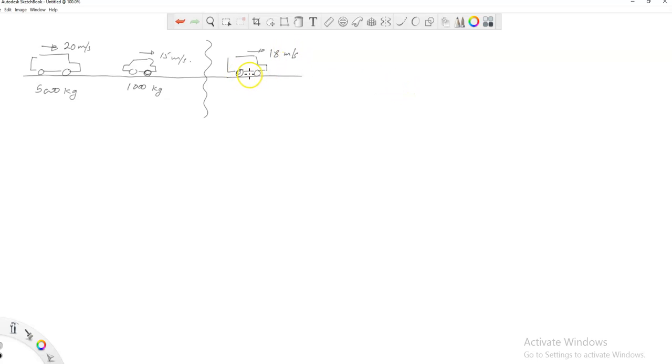It slows down because of the collision. The car might gain speed. Now the truck lost 2 meters per second. Do you think the car is going to become 17, that it will add up the 2? We don't know. We're going to find out. But it will speed up a little bit, right?